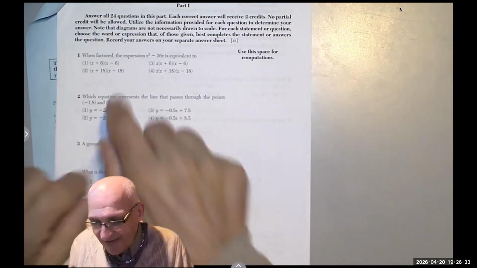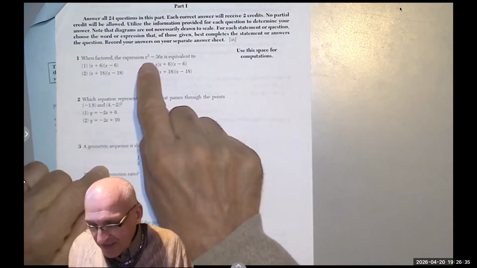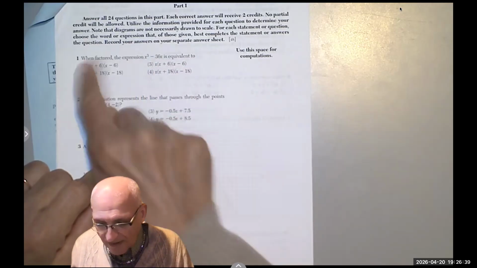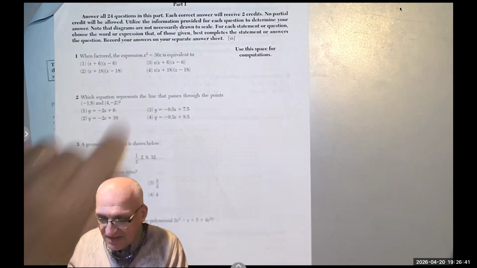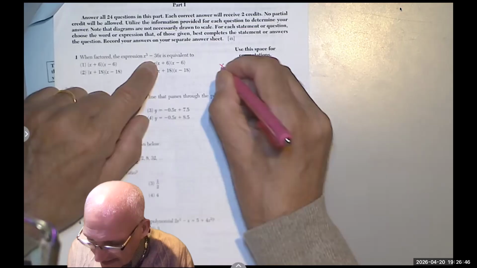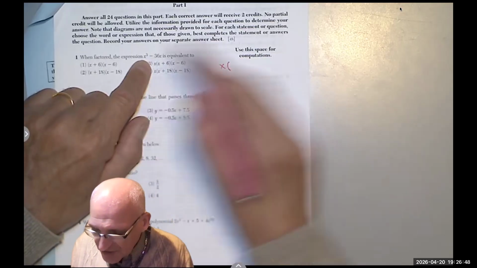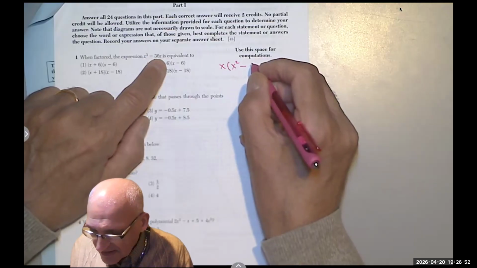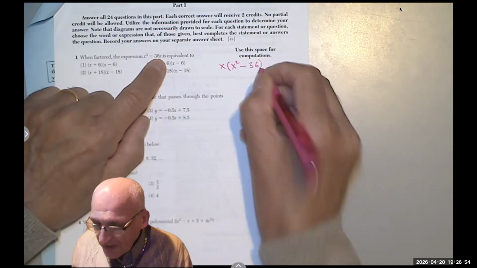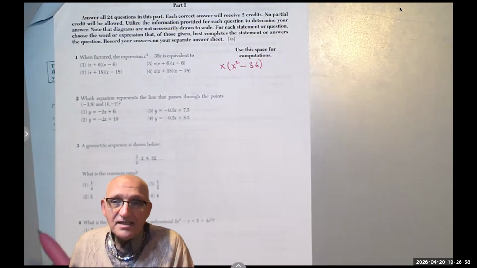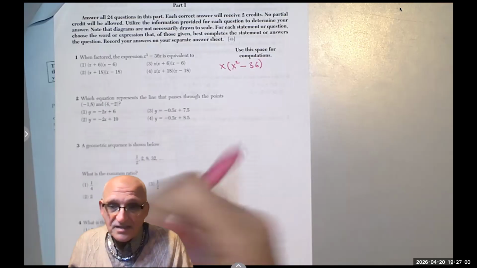When factored, the expression x cubed minus 36x is equivalent to what? We see that we have x in both terms, so we will factor out the x. That would leave x squared, then a negative sign, and then 36. You should recognize 36 as a perfect square, 6 squared.